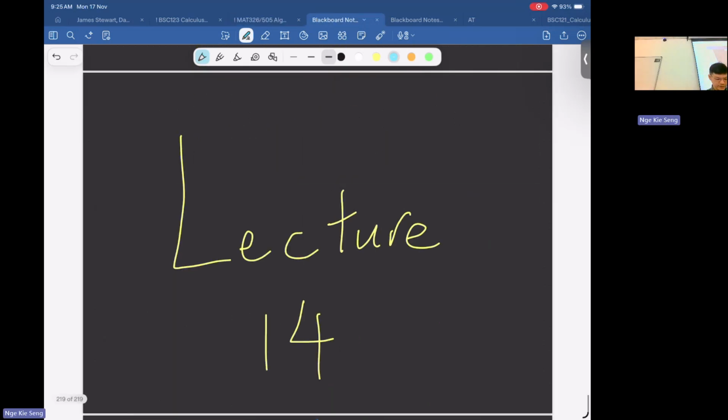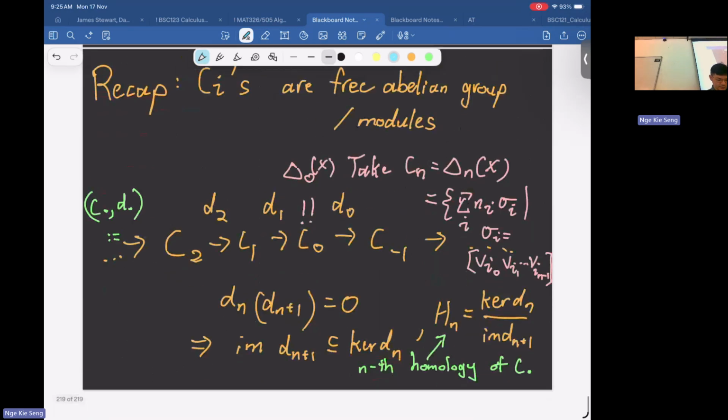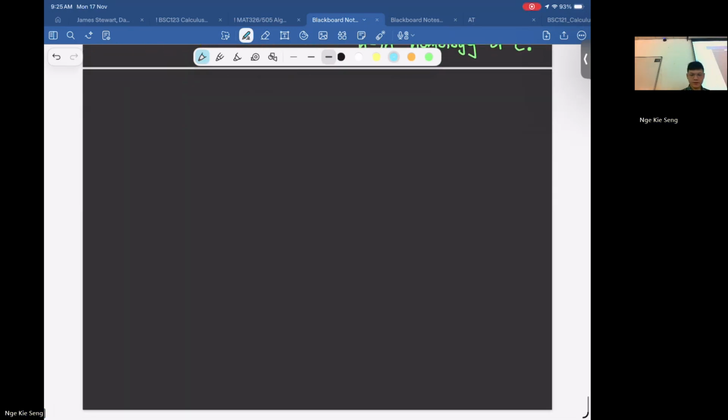Next, okay, let's do some examples. Let's compute the homology of the next one. To do this, we need to know about the n simplex, meaning we need to give a delta complex structure to it.